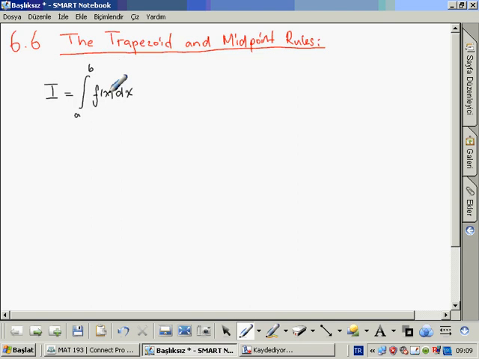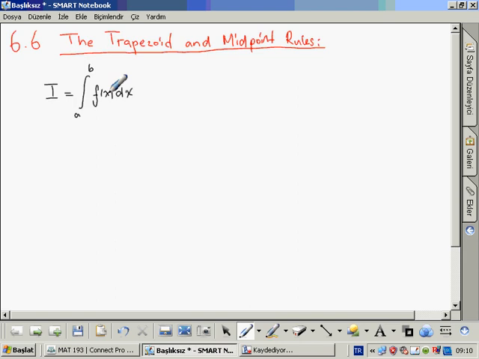Please remember the fundamental theorem of calculus: we can evaluate such definite integrals by first finding an antiderivative of f. We have spent considerable time on developing techniques of integration. There are, however, two obstacles that can prevent our calculating I this way.